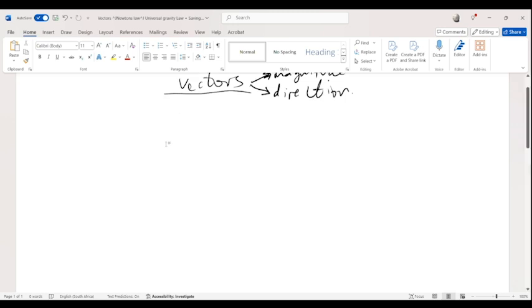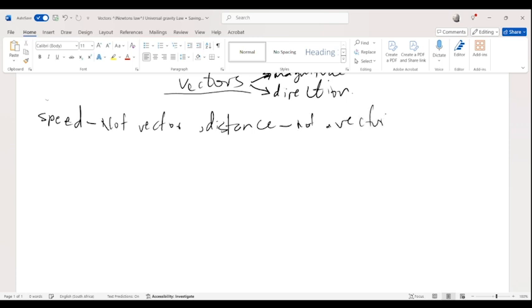Okay, let me give examples. Speed is not a vector. Distance, not a vector. Yeah, we can think of many examples.